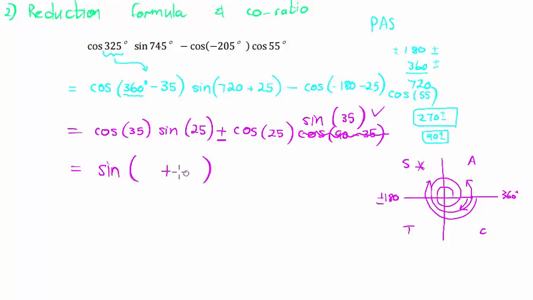And now what are the two angles that must go in here? It's important to start with the correct one, because sine starts with sine. So I must start with the angle inside sine: 25 plus 35. In this case it didn't make a difference, because it's a plus. 25 plus 35 is the same as 35 plus 25.